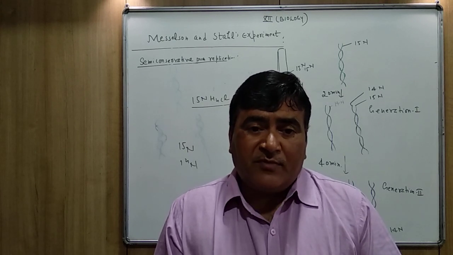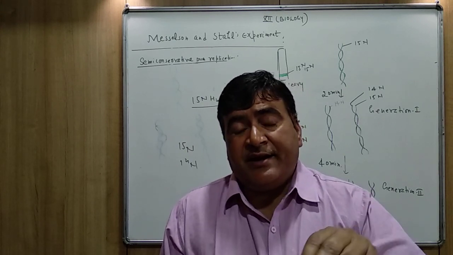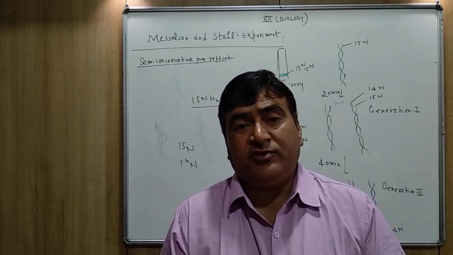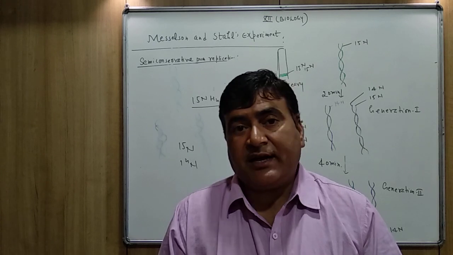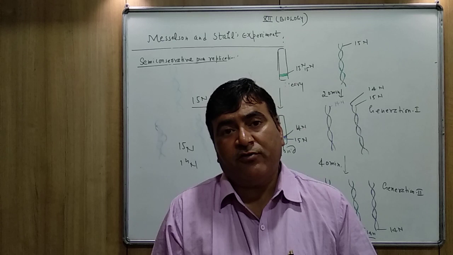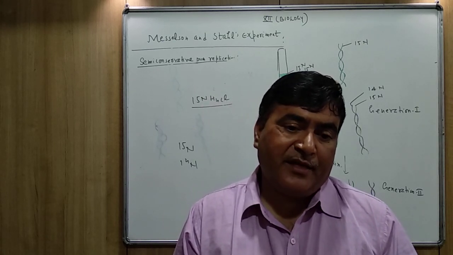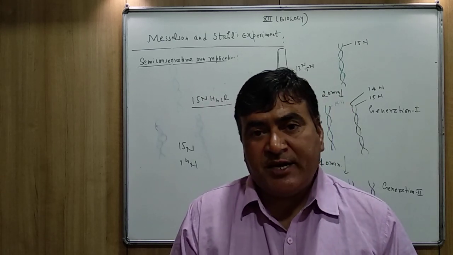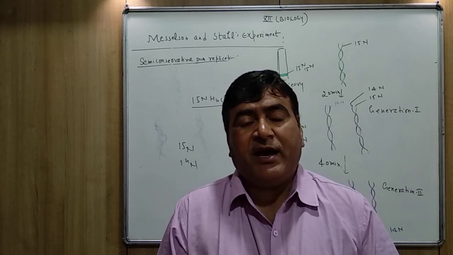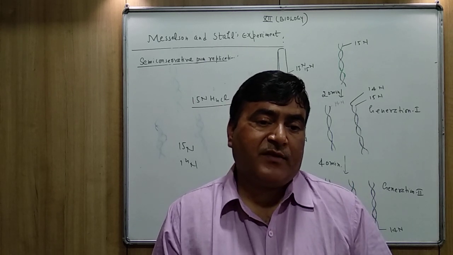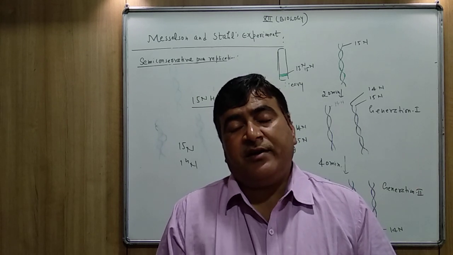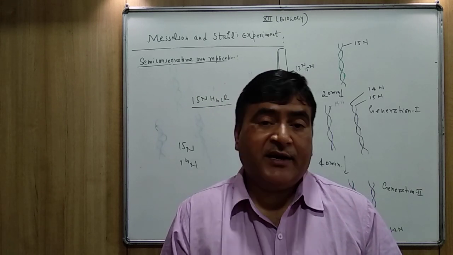So first he added 15 nitrogen, 15N isotope into the culture medium, and then he transferred the E. coli bacteria culture, and he observed that the DNA molecules of E. coli bacteria were retained by 15N, or you can say the 15N heavy isotopes.